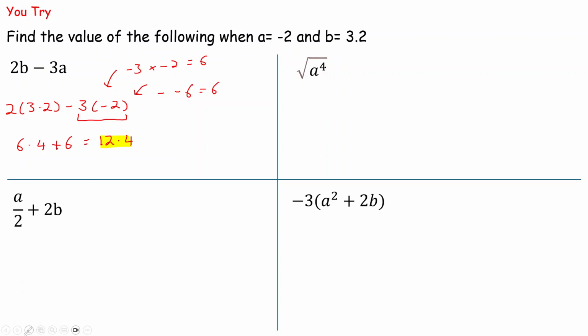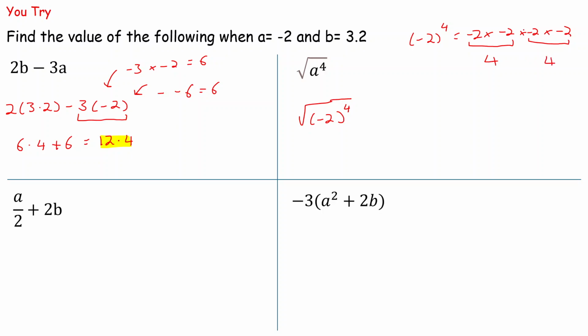Okay, good. The second one, we've got the square root of a to the 4. A nice one, so we've got the square root. A is equal to minus 2, and we're putting that to the power of 4. Well, minus 2 to the power of 4 means you're doing minus 2 times by itself 4 times. Minus 2 times by minus 2 gives you plus 4. So again, minus 2 times by minus 2 gives you plus 4. So actually it will give you a positive answer.